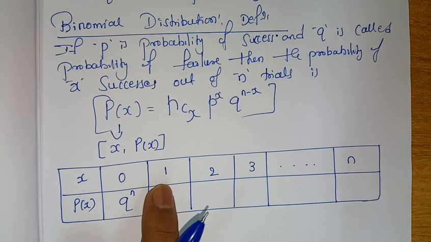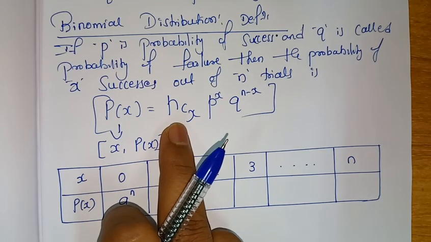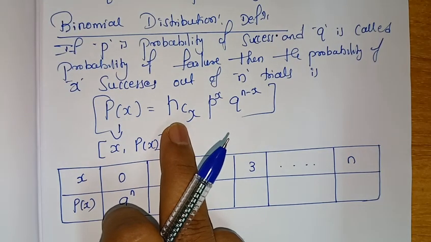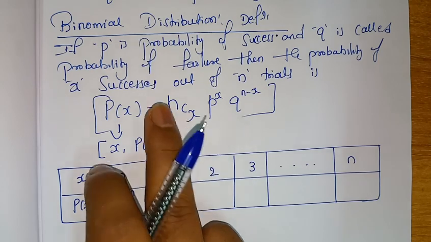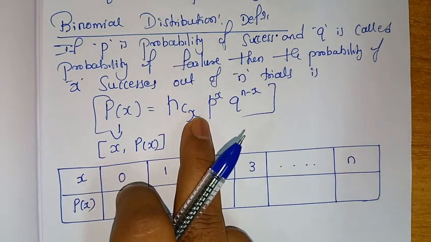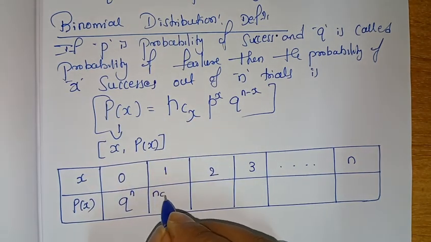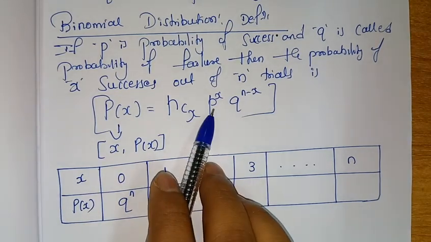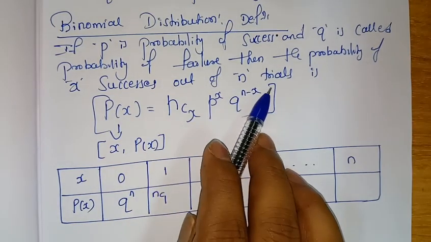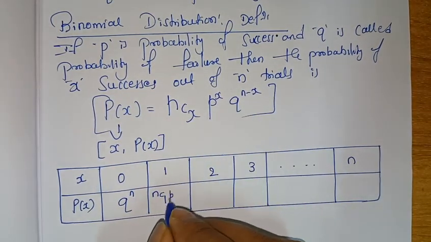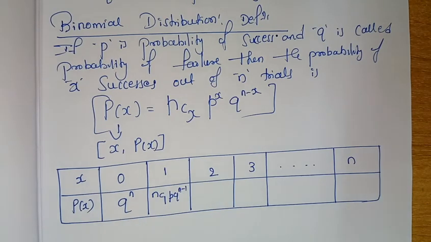When we take X equal to 1 in this binomial theorem or Bernoulli's theorem, what happens? NC1 P power 1 Q power n minus 1, so that is P into Q power n minus 1.